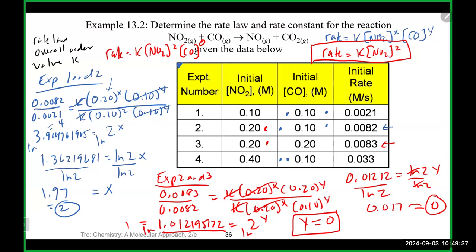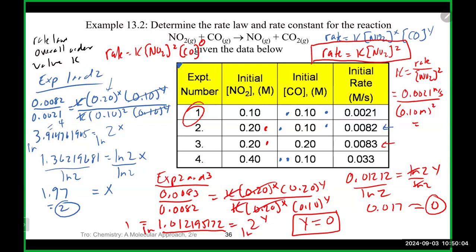Once we have that, we could solve for k. We're going to choose one of these guys here, and we will solve for k, which is in this case the rate divided by NO2 squared. Popping the numbers in there, that's going to give me 0.0021 molar per second divided by my 0.1 molar squared.